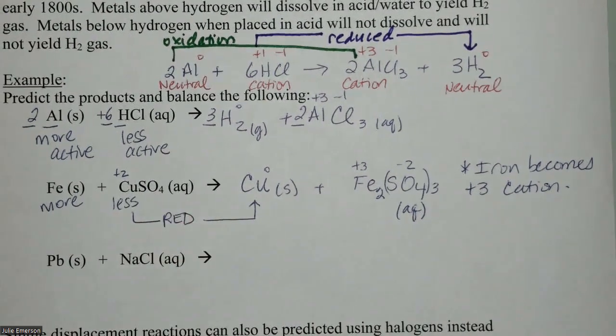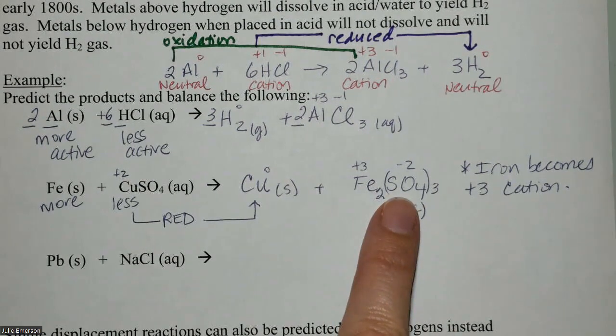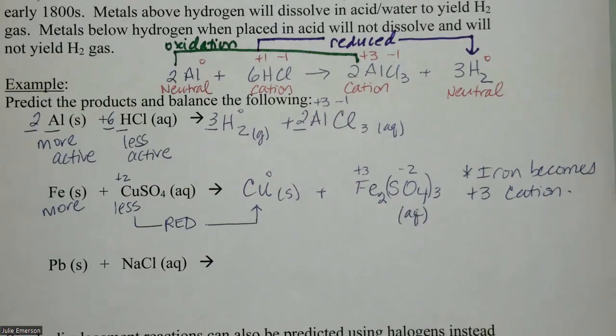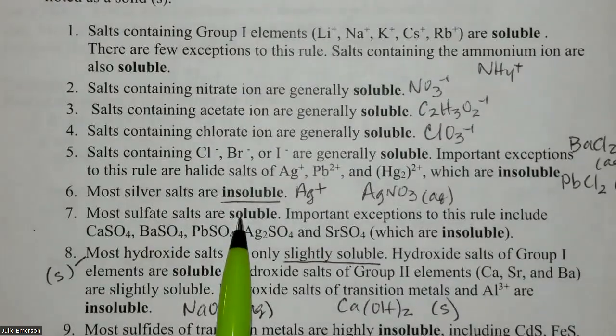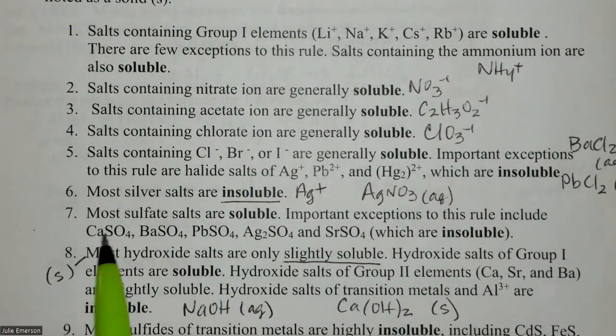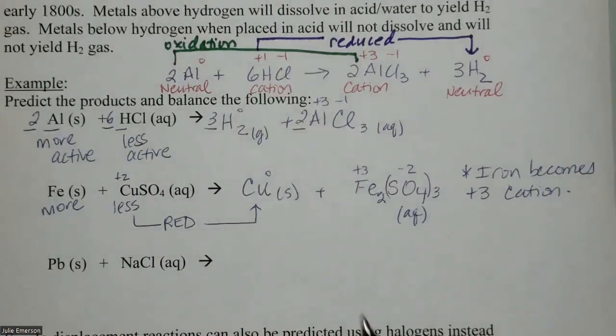But anyway, check your solubility rules, because with ionic compounds we're always questioning whether or not they're soluble in water. The rule for sulfate is that sulfates are typically soluble. The exceptions would be the alkaline earth metals, silver and lead. Of course, iron is not one of those, so it's going to be aqueous.